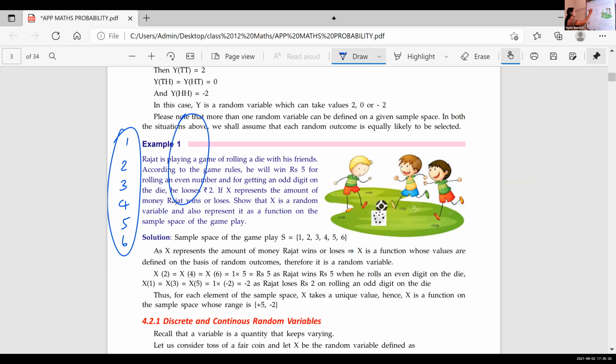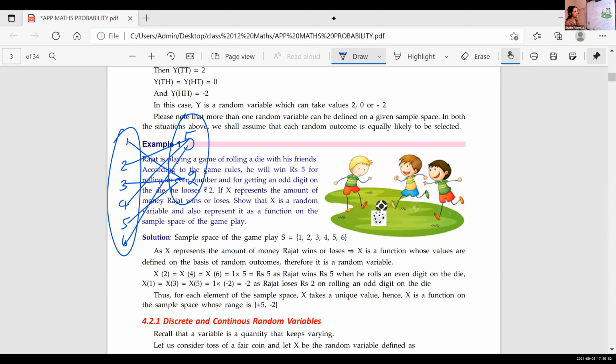So 2, 4, 6 will be mapped onto 5. And whenever he gets an odd number, he'll be losing ₹2. So that means it will be mapped onto -2. So X takes only two values. Which are the two values X will take? +5 and -2.